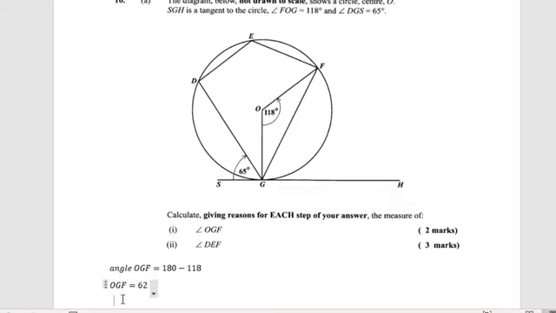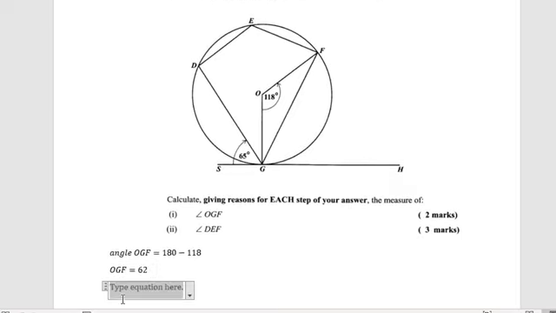But remember we said that since it's an isosceles triangle, the two sides are of equal length and will have the same angle. So we can just divide 62 degrees by 2, which will give us 31 degrees.